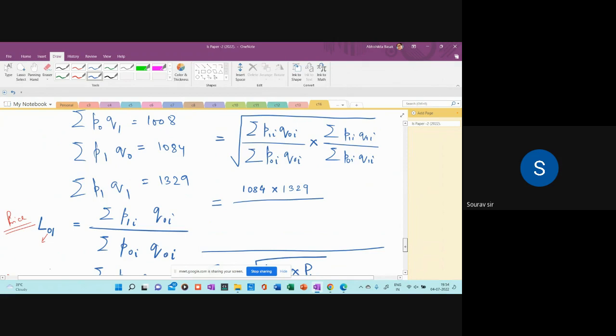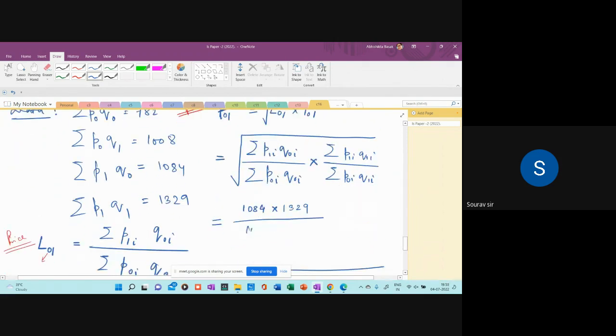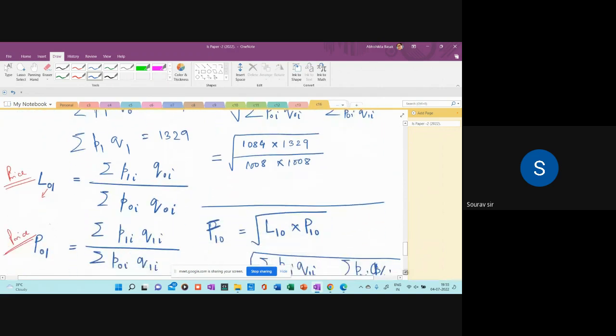I think the first value is 1008 into P naught Q1. P naught Q1, that is 1008. This is going to be the particular value. Okay, you calculate this and tell me what you are actually getting.